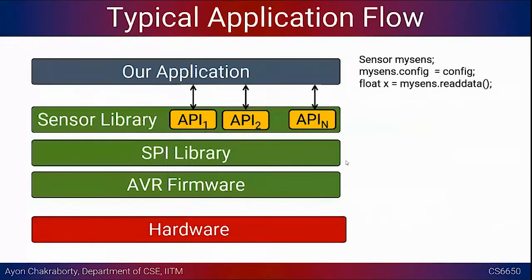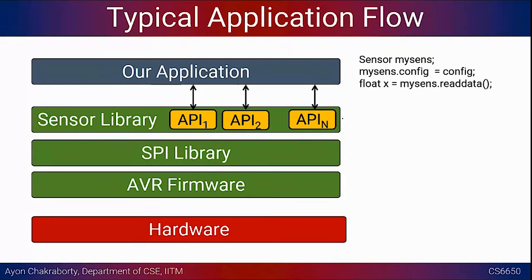So we also discussed the application flow, how the abstraction was added step by step, right from the bare metal. Then there is an SPI library on top of that, and then there could be a sensor specific library once you talk about a certain sensor, which uses the SPI bus to talk to the microcontroller, and on the top you have your application. So this sensor library, mind it, last time I did not make it very clear.